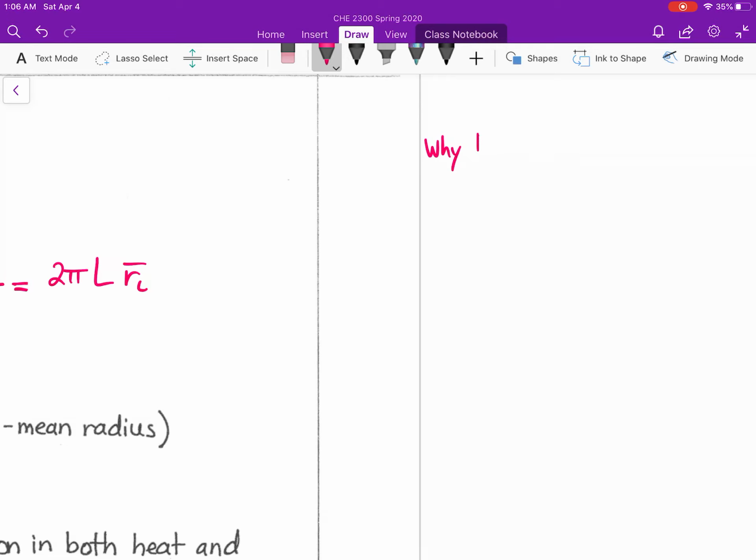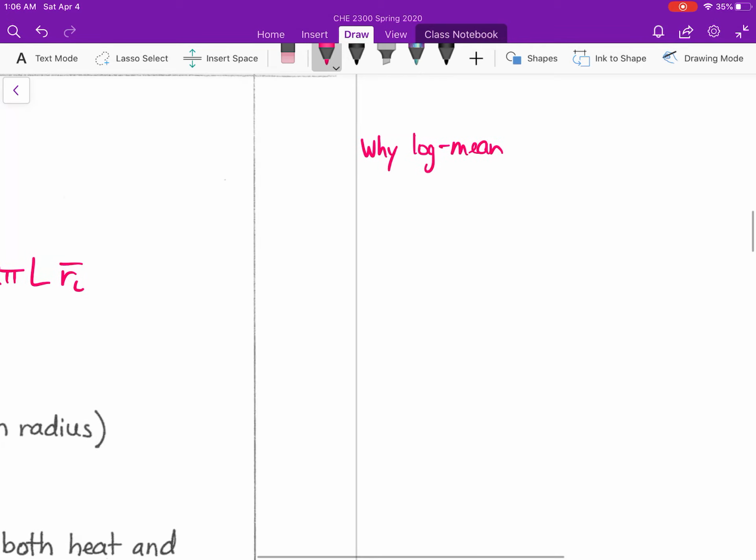So the question becomes, why log mean area slash radius, right? Why do we use a log mean area here instead of simply some area?